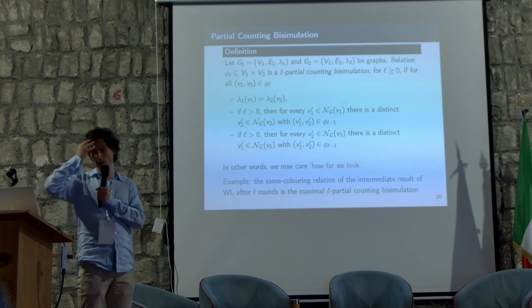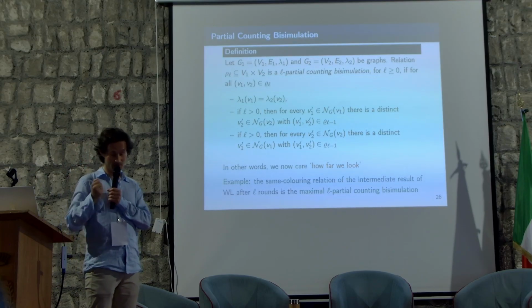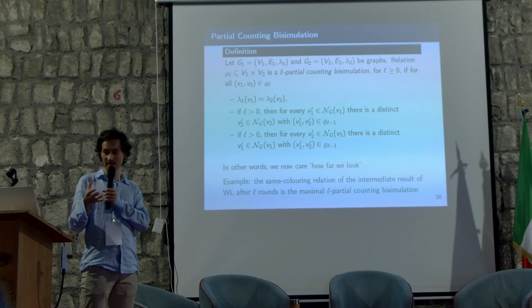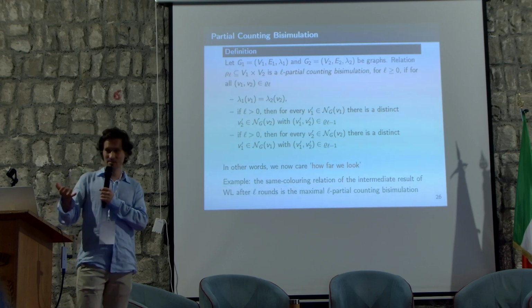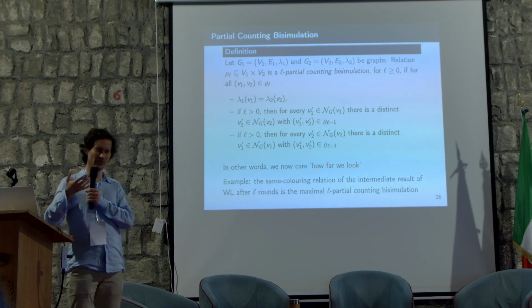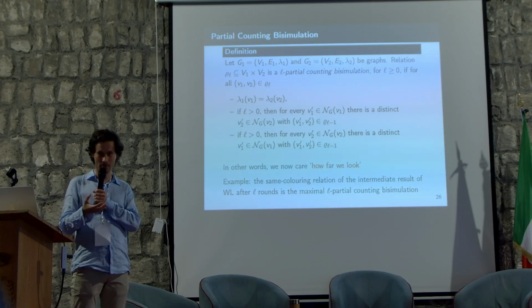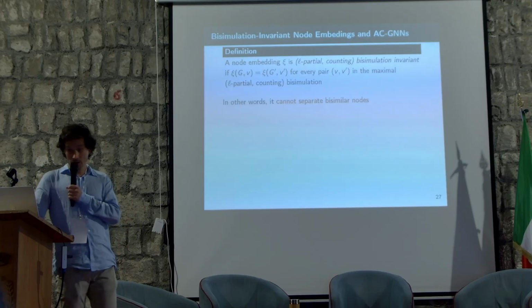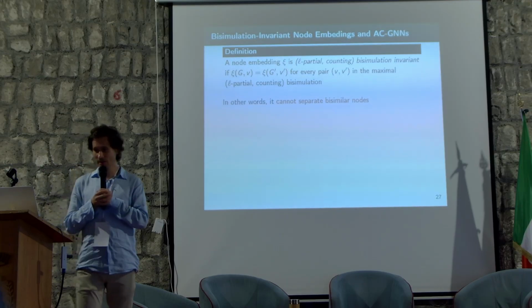While for partial, the same-coloring relation as the intermediate result after L rounds of Weisfeiler-Leman is precisely this thing. So if you think about it, this bisimulation is a rephrasing of Weisfeiler-Leman, but in a more uniform way.